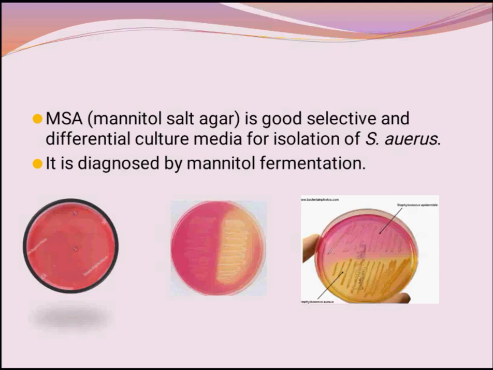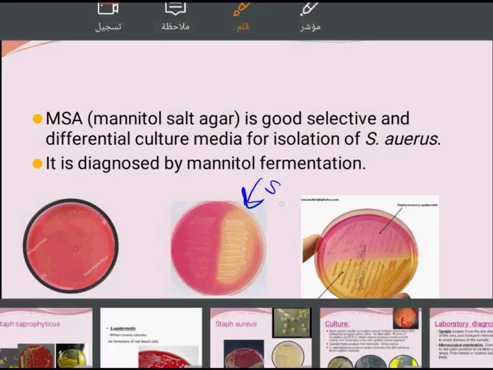This acid production will lower the pH of the medium, and the color of the indicator will change to yellow. So when there is formation of yellow color, it means there is mannitol fermentation, acid production, lowering of the pH of the medium, and a change in the color of the pH indicator. This occurs in the case of Staphylococcus aureus.